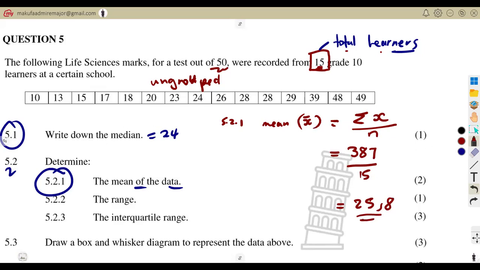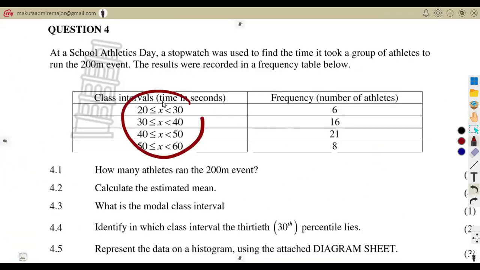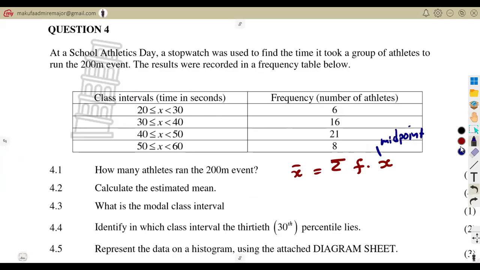This is different from what we had when we calculated the mean here. This is grouped information. So the mean here is supposed to be from the sum of frequency times the x that we talk about there, the midpoint, over the sum of the frequency.